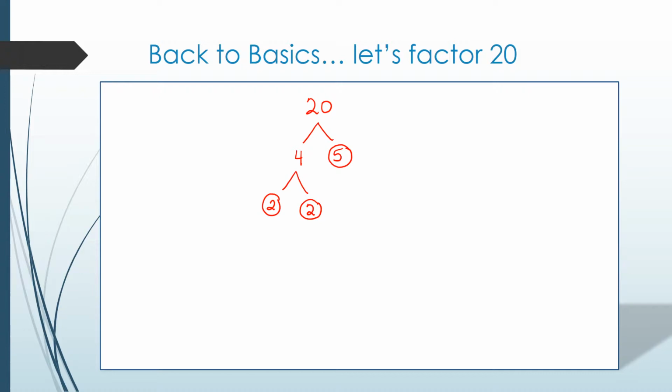Now what we just did, this whole action process, was to factor. It was a process. We broke the number 20 down. Now these individual pieces of 2, 2, and 5, these are your factors. They are the individual pieces that made up the original value.